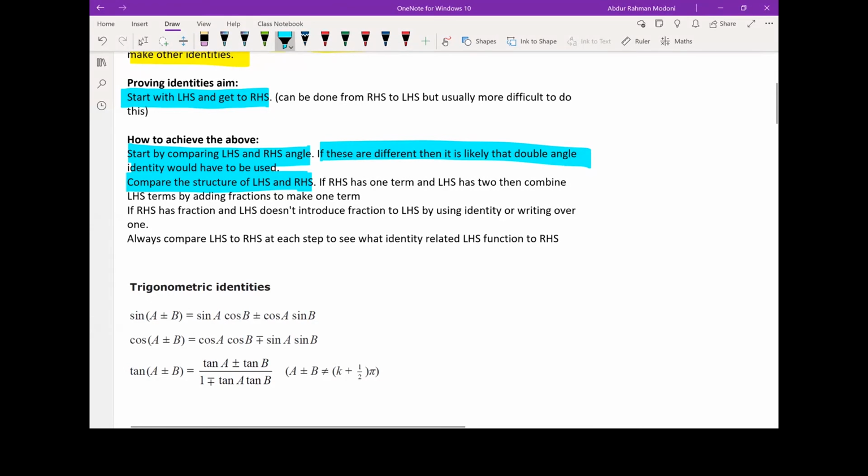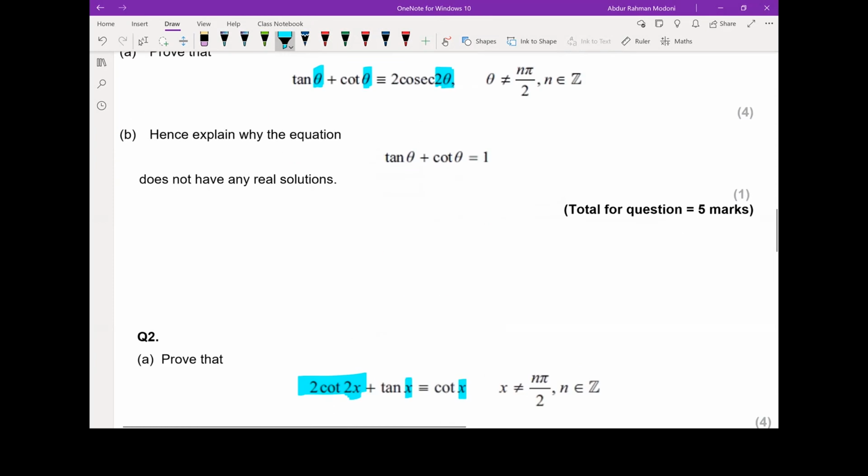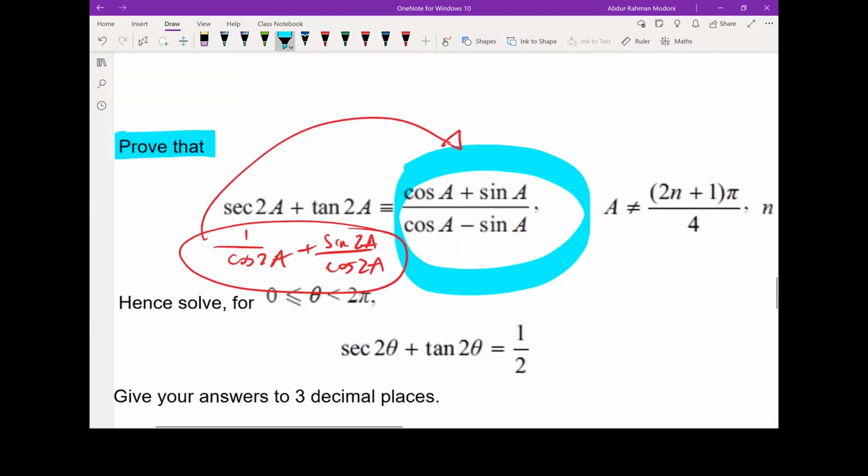So comparing the structure we talked about. Then check left-hand side terms. Right-hand side, if the right-hand side has a fraction and the left-hand side doesn't, then introduce a fraction to the left-hand side by using an identity or writing over 1, because we can write any term as over 1. And we've actually done that in this particular example. We've seen that the right-hand side has a fraction, the left-hand side didn't have a fraction, but I used an identity that introduced a fraction, which I then combined into a single fraction.